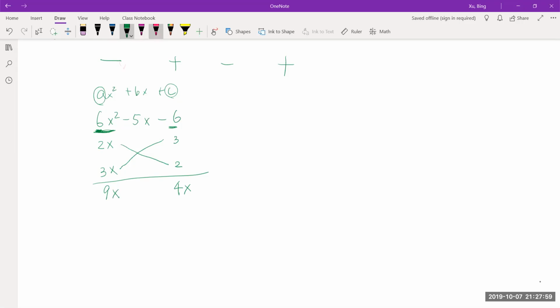And you want the middle term to be negative 5x, right? That means this 9x needs to be negative and this 4x needs to be positive. So this tells you the 3 needs to be a negative 3 to get a negative 9x. And then this combination is good.